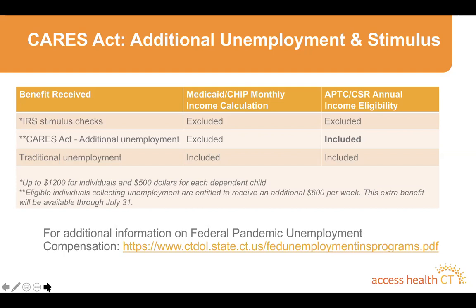There's federal pandemic unemployment compensation, which is additional money in the amount of $600 per week on top of regular unemployment. And then there's another program aimed at self-employed individuals called Pandemic Unemployment Assistance. And as I said, I think that Current article does a good job of summarizing those programs if you want to take a look at that.